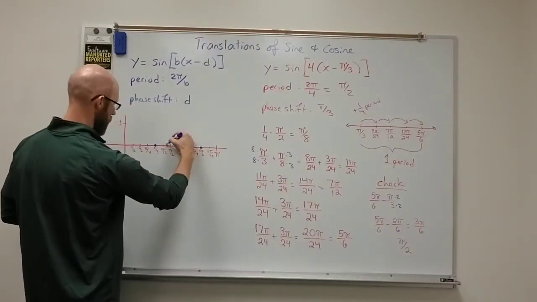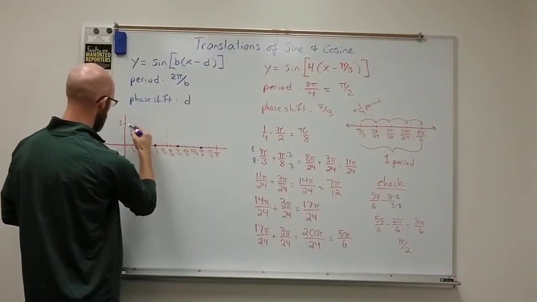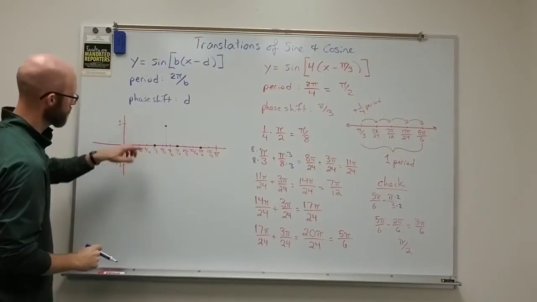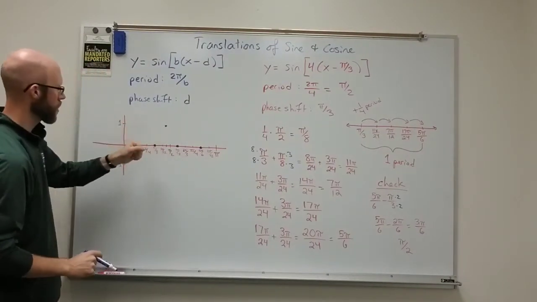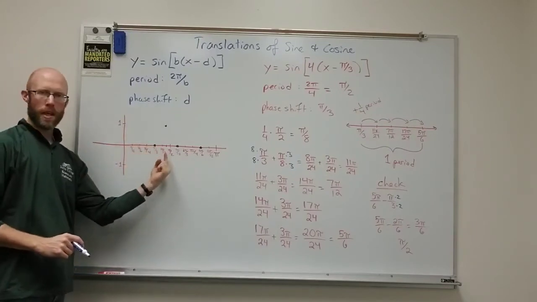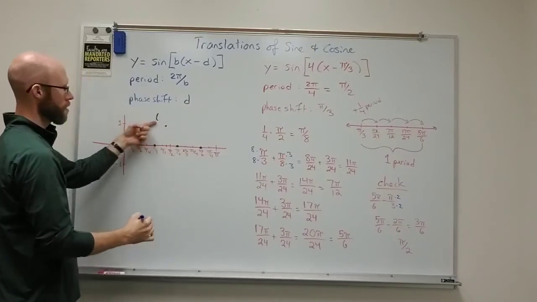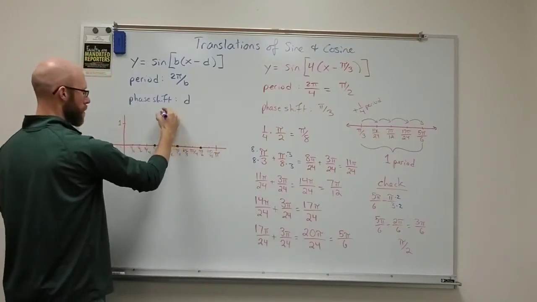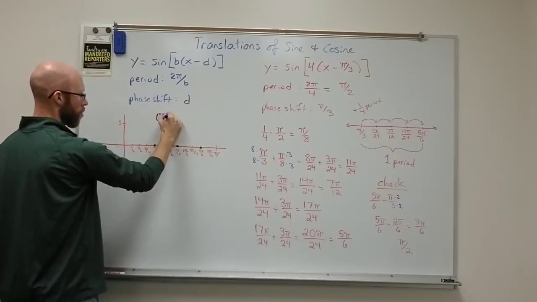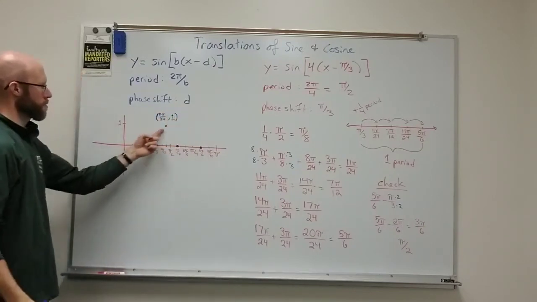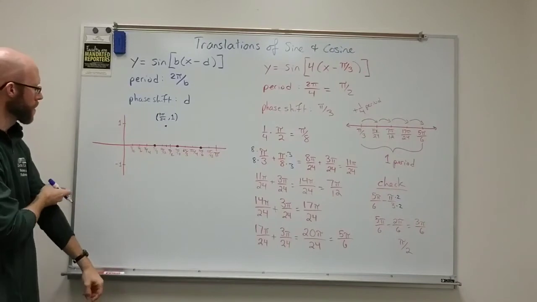And so from there, I'm going to go up to 1, put a dot, and then that point, because I don't really have room to label it on my axis here, I'm going to go ahead and put the ordered pair in. It would be 11 pi over 24, comma, 1. Okay, that's my ordered pair.